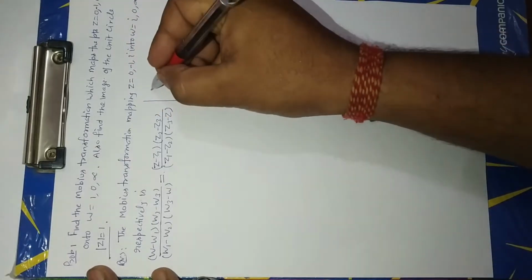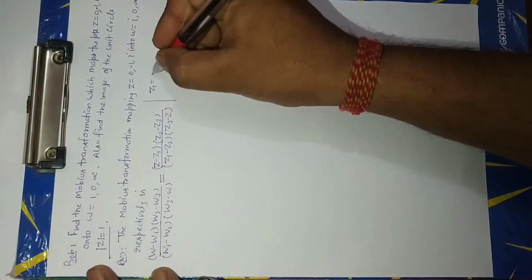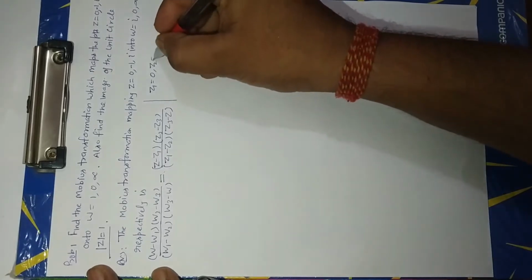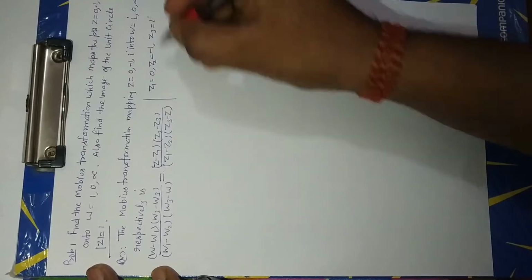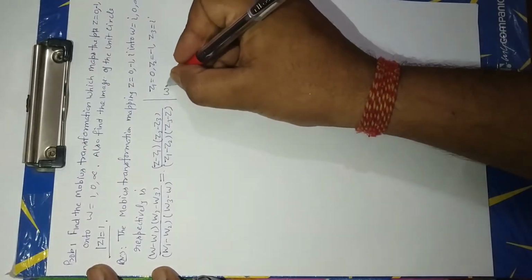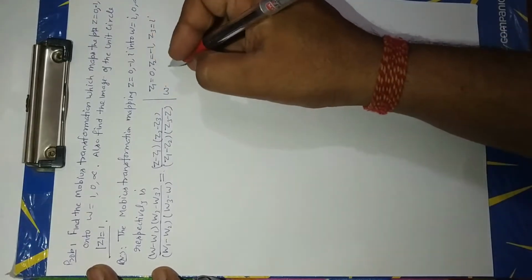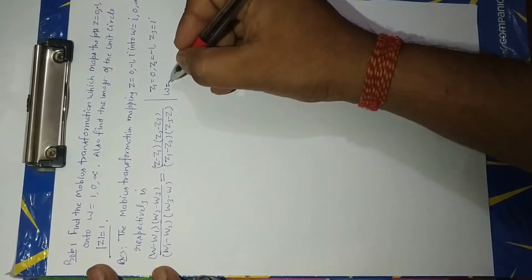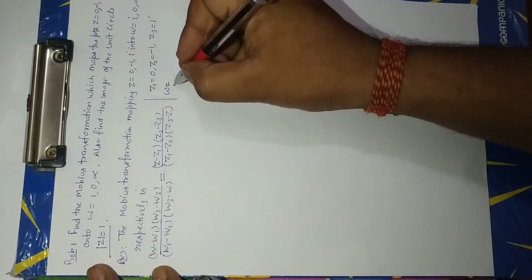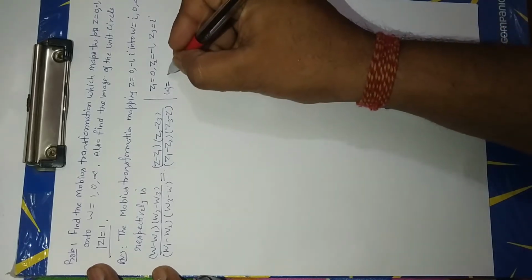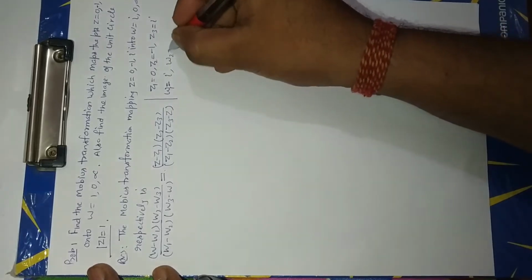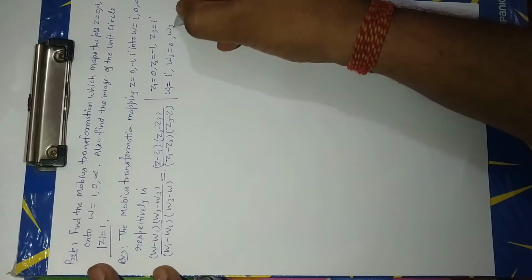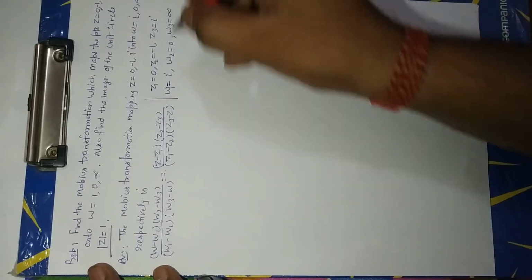Now we consider z1 is equal to 0, z2 is equal to minus 1, z3 is equal to i. Similarly, the image values of z in the w plane: w1 equal i, w2 is equal to 0, w3 is equal to infinity.